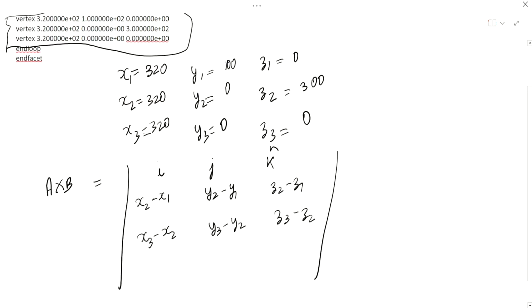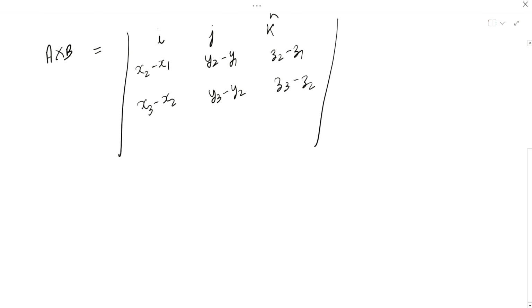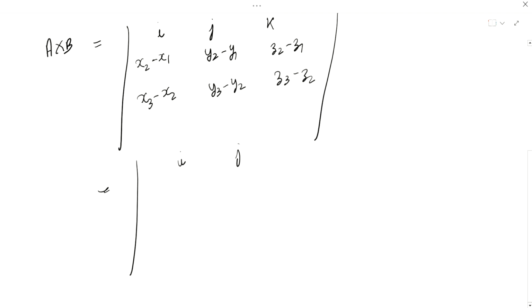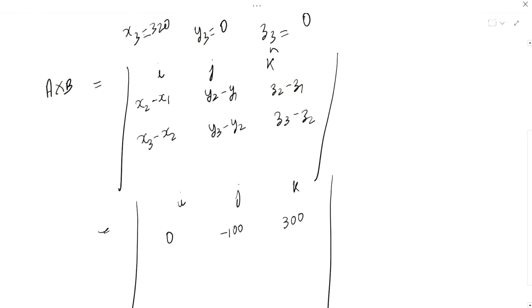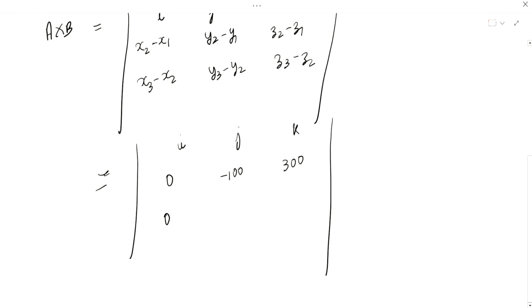Now after solving this, we will get 0 minus 100, 300, this will be 0, 0 minus 300.